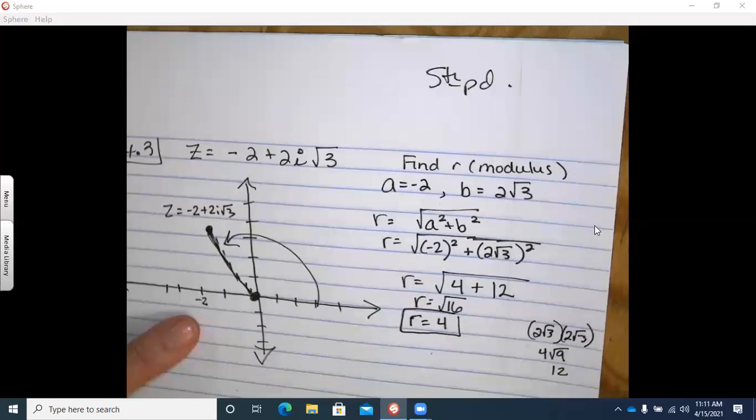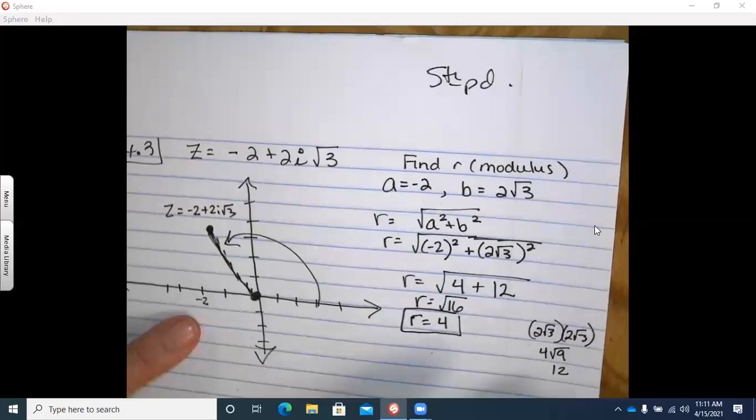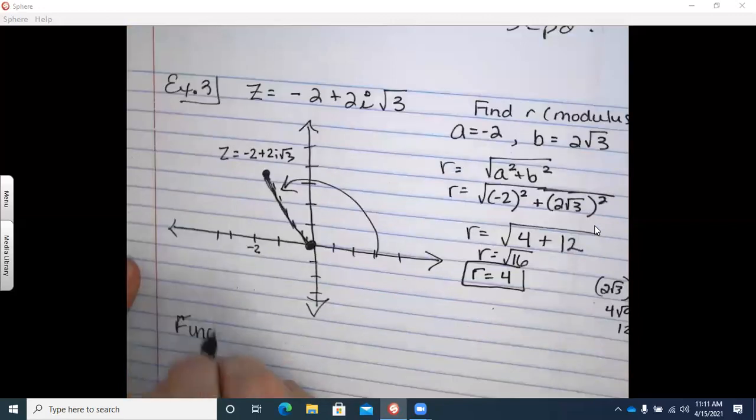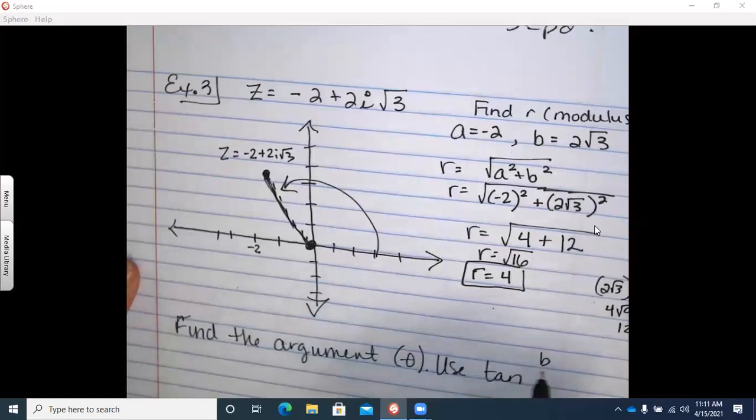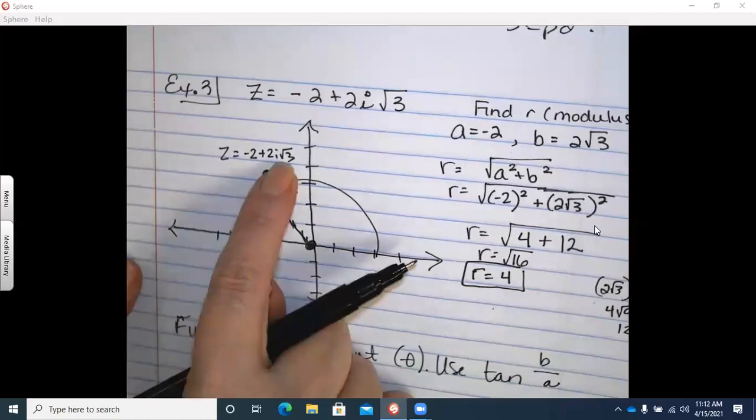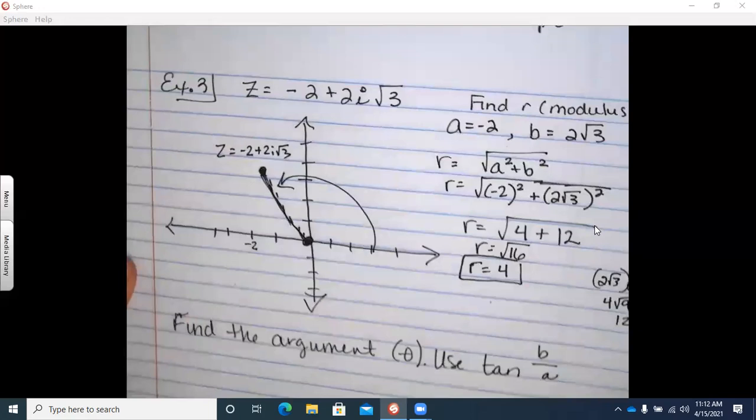Well, now we have to find the theta, or the argument. And we know we use the tangent of b divided by a, because we know tangent is y over x. So we think of the imaginary part as like the y, the real part is like the x, right? That's why we use the tangent of b over a.